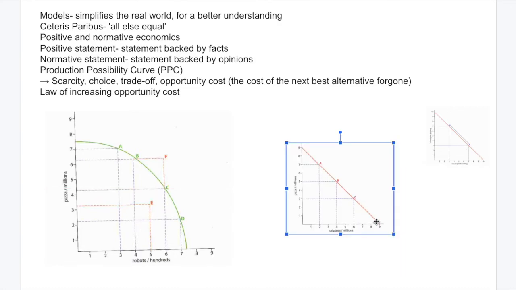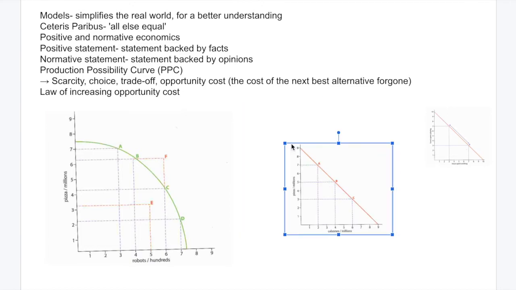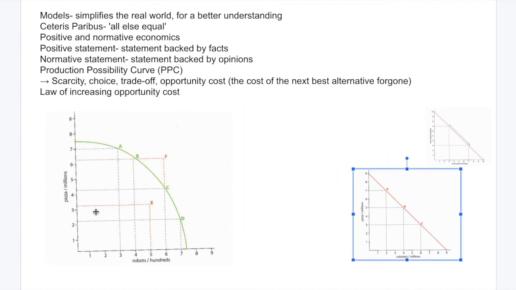It's constant. So let's just go back to here again. 1 million additional calzones means 1 million pizzas is the opportunity cost. Another 1 million additional calzones means the opportunity cost is 1 million pizzas. So the opportunity cost of increasing the calzones by 1 million is always going to be 1 million pizzas, right? That's the opportunity cost, and it's constant throughout the graph.